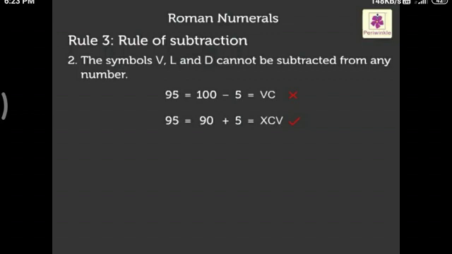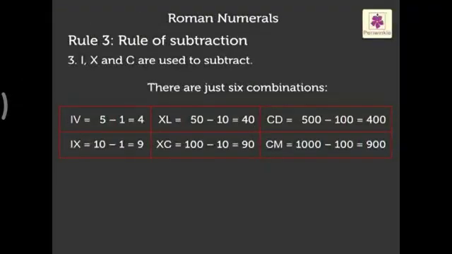Means 95 equals 100 minus 5, but we can't write that as VC. It is wrong. So we write 95 equals 90 plus 5 equals XCV. The correct answer for 95 is XCV. This is rule of subtraction step 2.